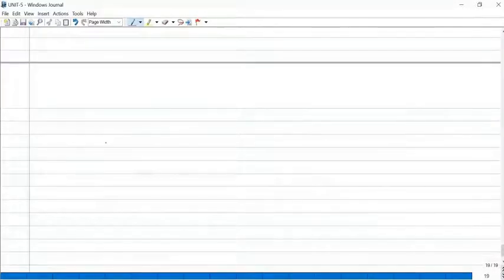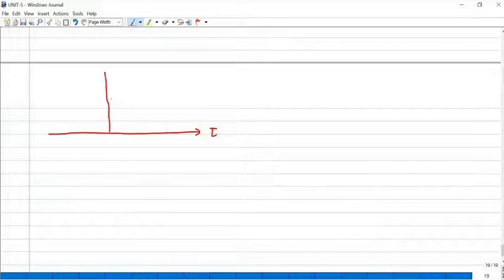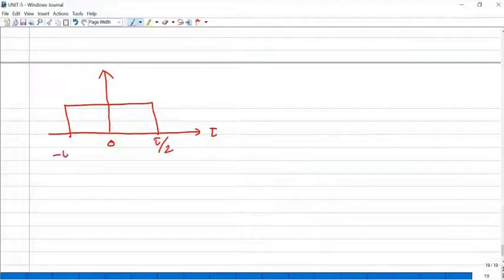Likewise, rectangular pulse. Suppose we take the CTFT of a rectangular pulse from minus tau by 2 to tau by 2 with magnitude 1.